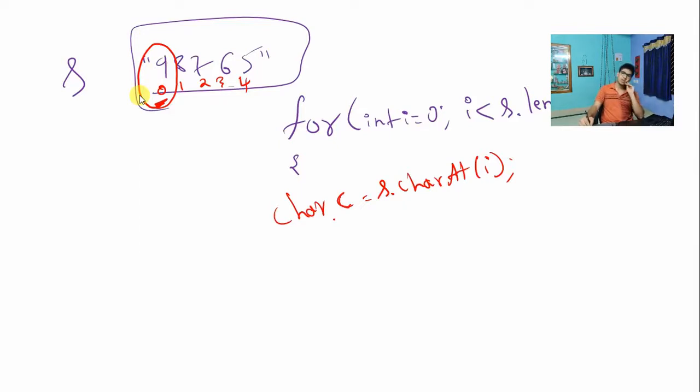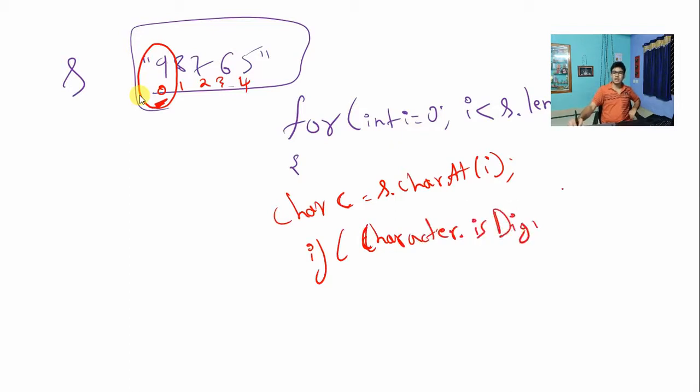How to do that? You think and tell me, did I teach you an inbuilt method to check whether a given character is a number or not? isDigit was a method. So I have to check like this. If Character, which is a class, Character.isDigit of c. Is it a digit or not? Which character? c.